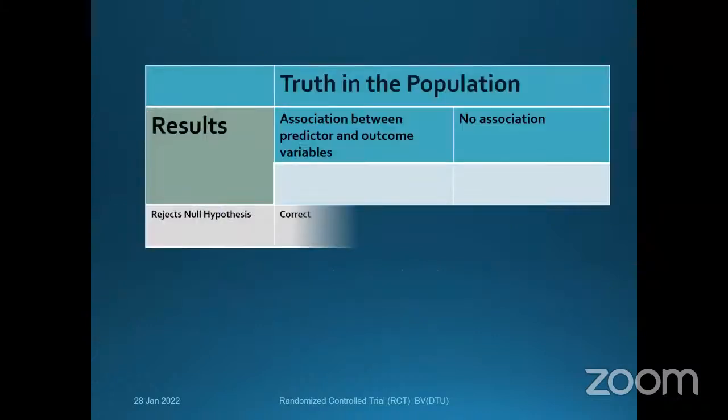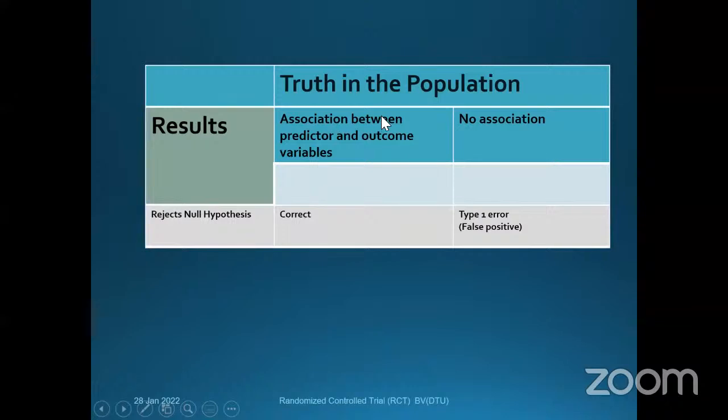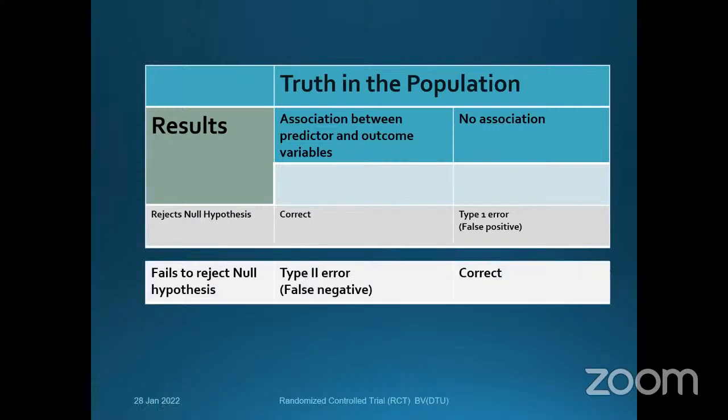So if you want to see that: truth in the population, association between predictor and outcome variables, or no association. The null hypothesis says that there is no difference. If it rejects, there is a possibility of a false positive error, and that should be minimal. If it fails to reject the null hypothesis, a type 2 error is a false negative, and it has to be controlled.